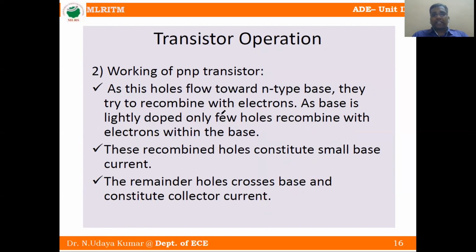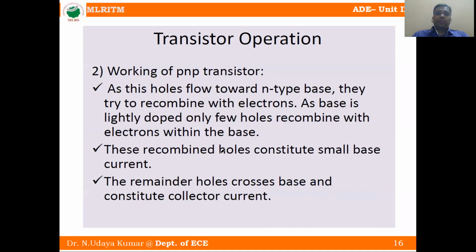We call it recombination. Because of recombination, base current is generated. These combined holes constitute the small base current. The remaining holes cross the base and constitute the collector current.